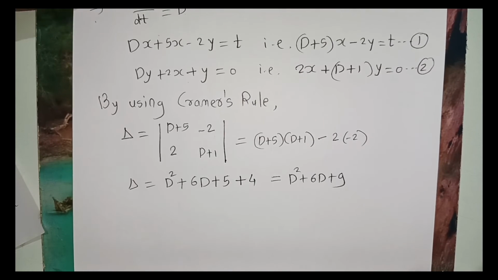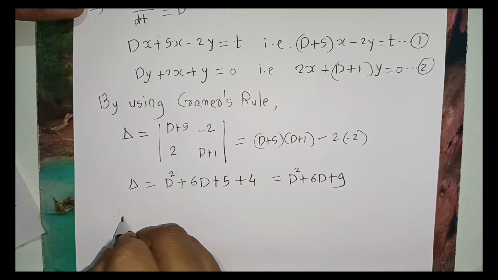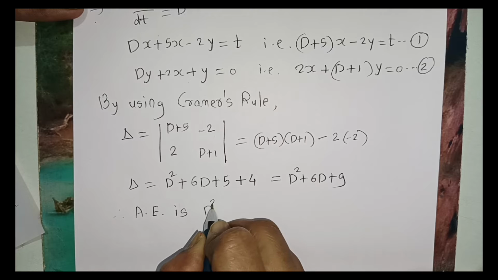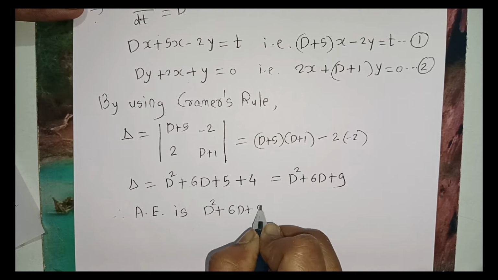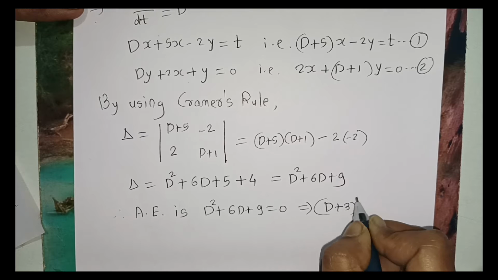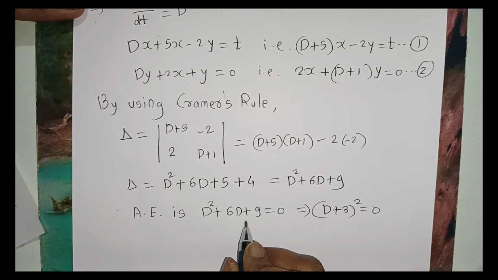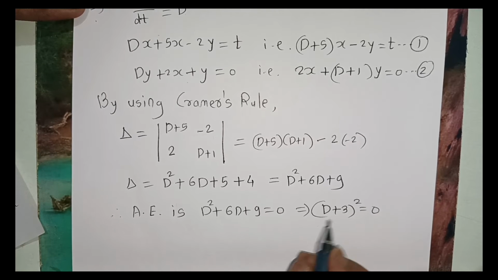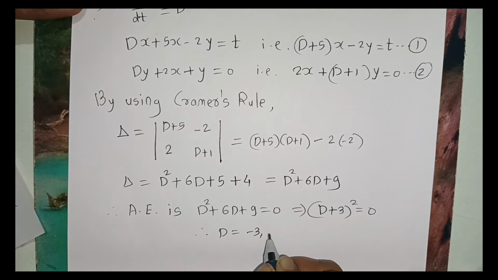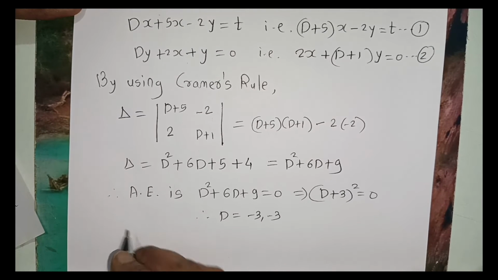This is your auxiliary polynomial. So the auxiliary equation is D square plus 6D plus 9 is equal to 0, which implies that (D plus 3) bracket square is equal to 0, because this is the perfect square expansion of D plus 3. So D is equal to minus 3, minus 3. So this is the case of real repeated roots.